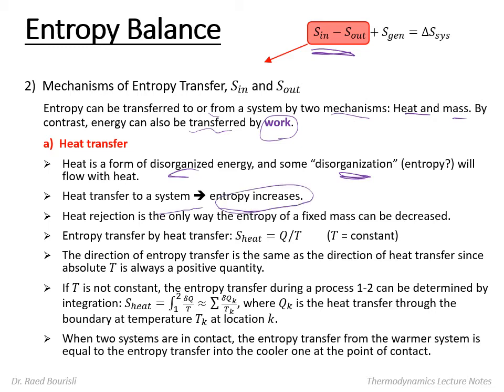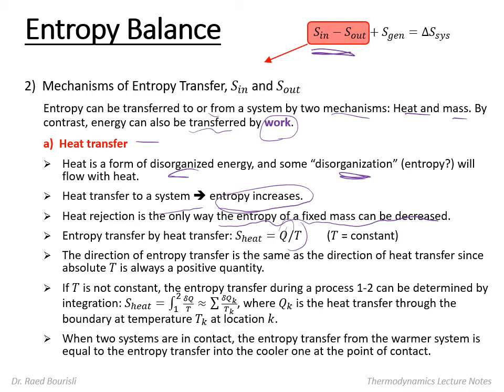Heat rejection is the only way the entropy of a fixed mass can be decreased. Entropy transfer by heat is just Q over T, if T is constant. The direction of entropy transfer is the same as the direction of heat transfer, since absolute temperature T is always positive. Okay, these are some pointers on entropy transfer by heat.